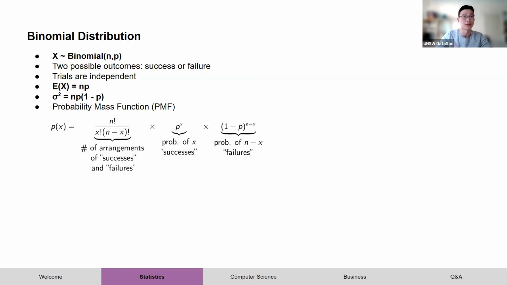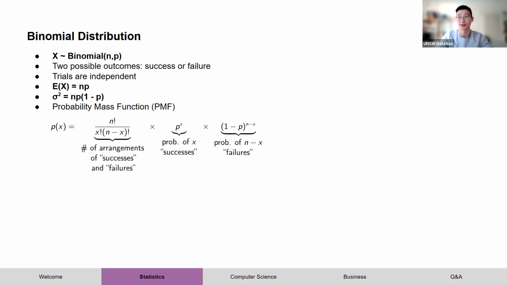Each individual trial has two possible outcomes, one is a success and one is a failure. And you'll have a particular probability of observing a success in each trial, and that's what your p defines, the probability of having a success.